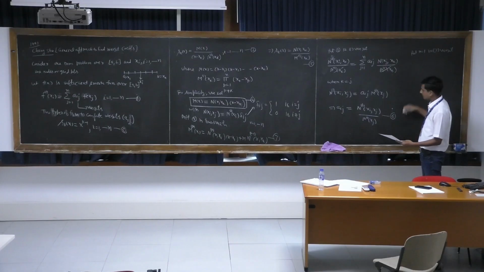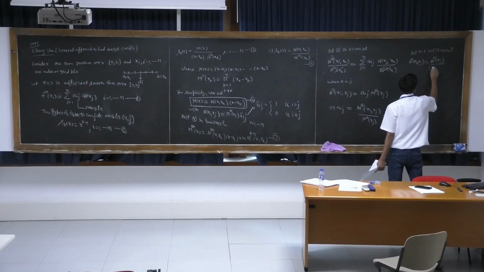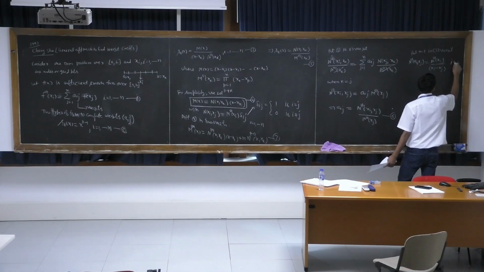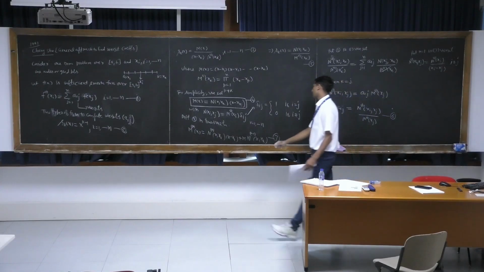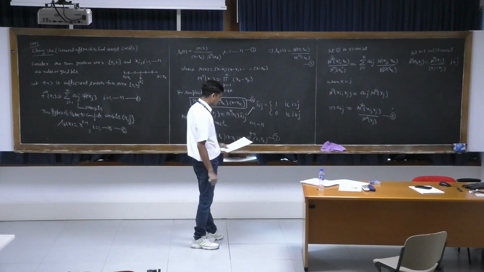You will get N1 of xi, xj equal to M1 of xi divided by (xi minus xj), for i not equal to j.